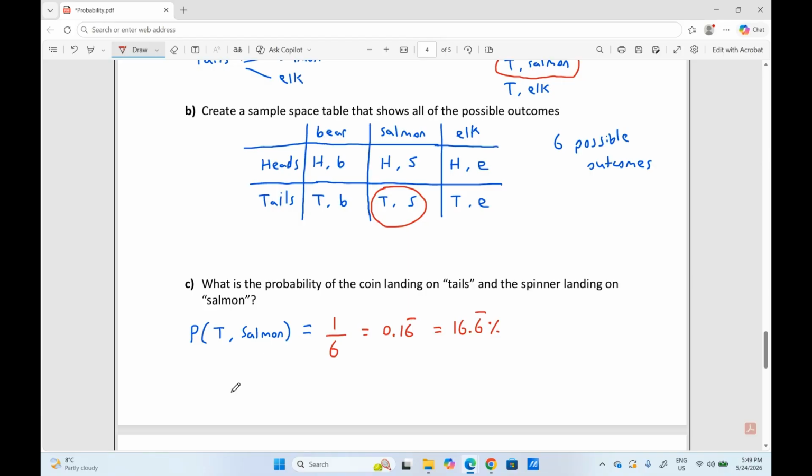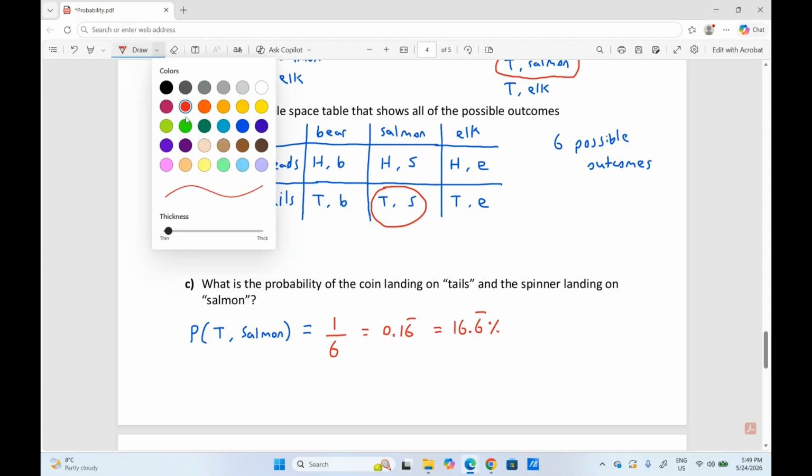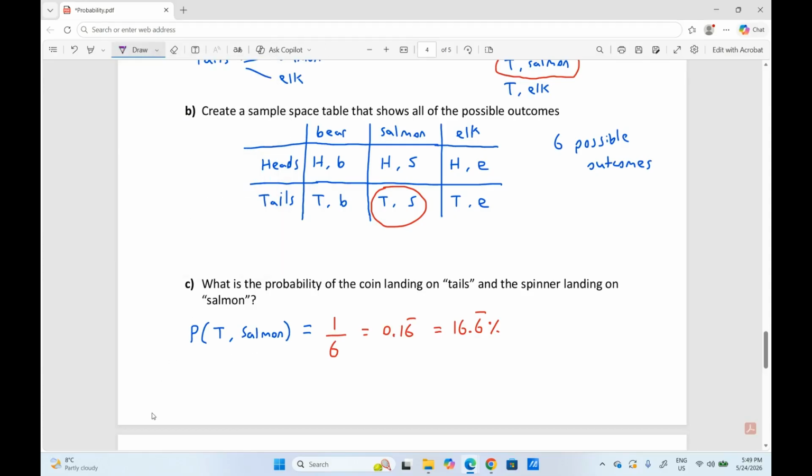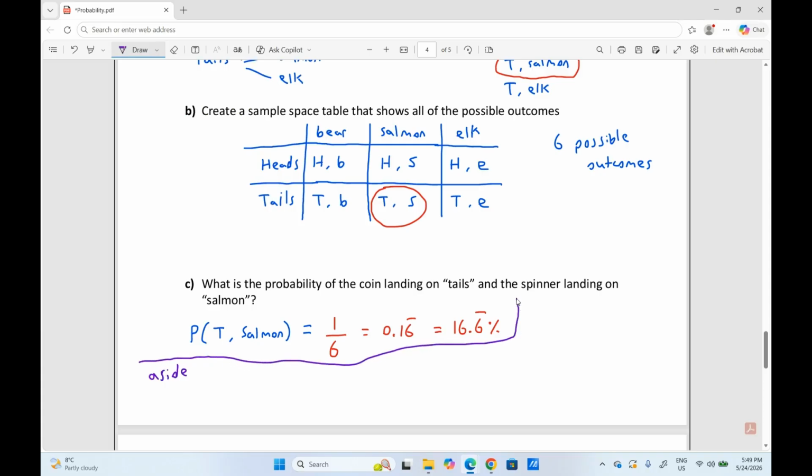There is also one more way to solve this question, but it's a bit more advanced because it requires you to know how to multiply fractions. So this method, I'll write it as an aside. But once you know how to multiply fractions, you should be able to get it. So the probability, let's say, of flipping a coin.